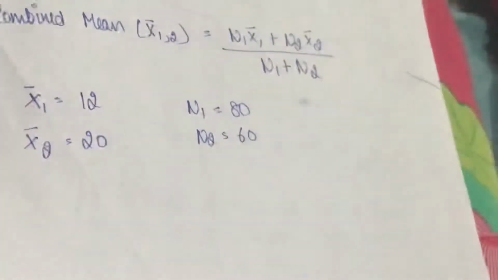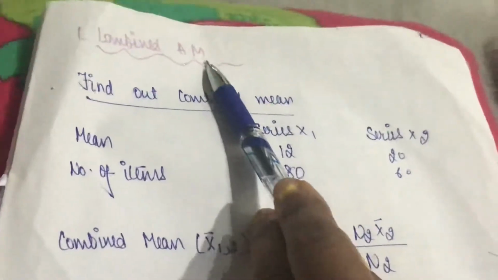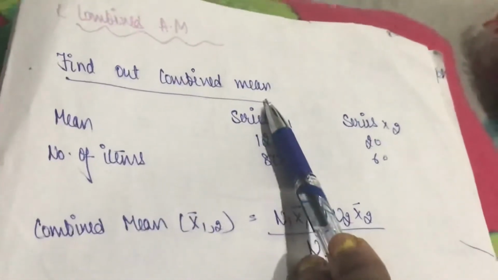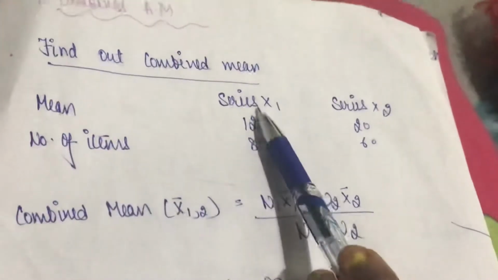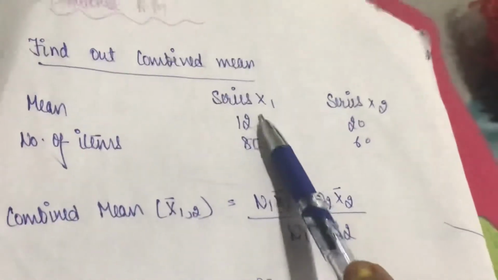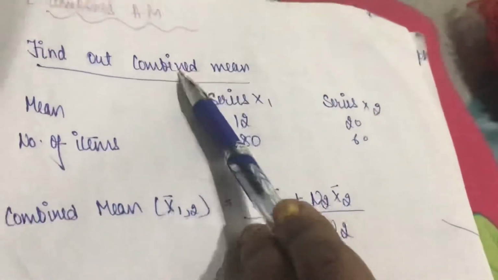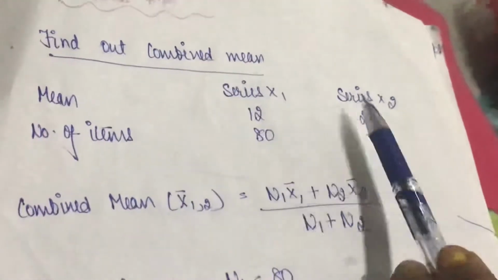Okay, next one. This is the combined arithmetic mean. So find out combined mean. Sometimes the combined mean is asked. Let us see, this type of numerical will be given to you. Mean, number of items, series x1 and x2, two series. For combined mean, it means two series are given to you.